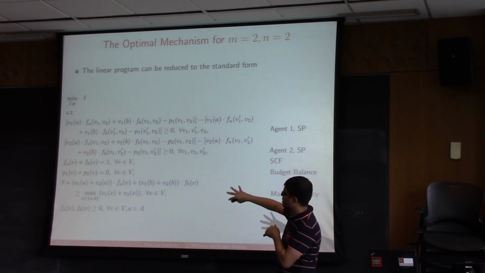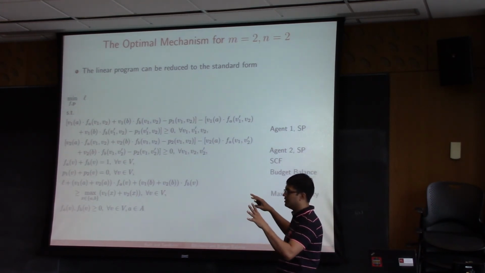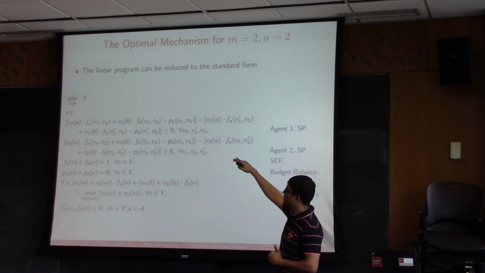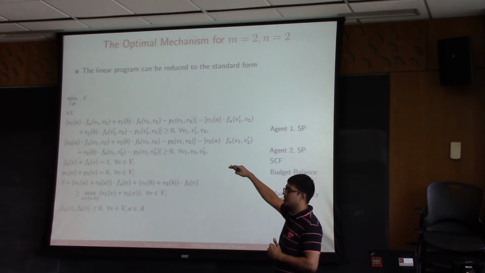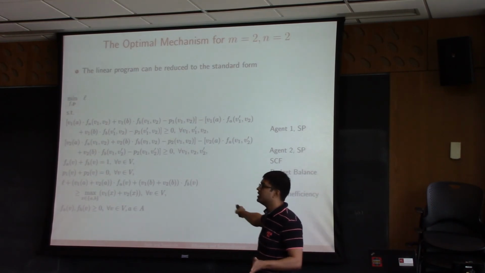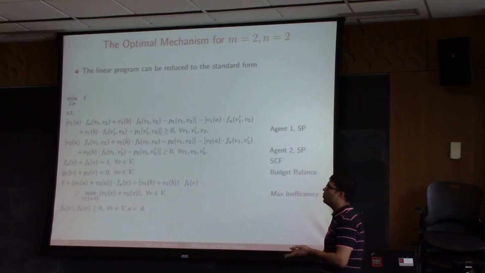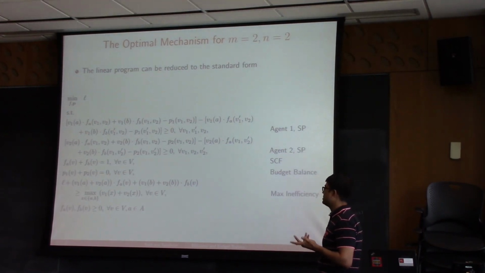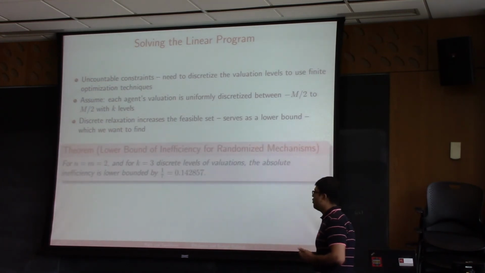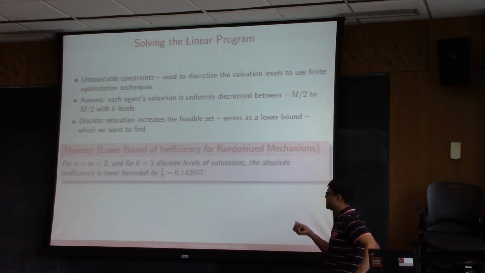Essentially, the set of constraints gets reduced, so the feasible set increases. So the minimum that I'll get in that discrete relaxed problem will be lower than the minimum in this context. And that should be fine, because we are actually trying to find a lower bound on the inefficiency. That's the point of doing this discrete relaxation. And for the special case of 3 discrete levels, one can analytically find the lower bound to be 1 by 7.